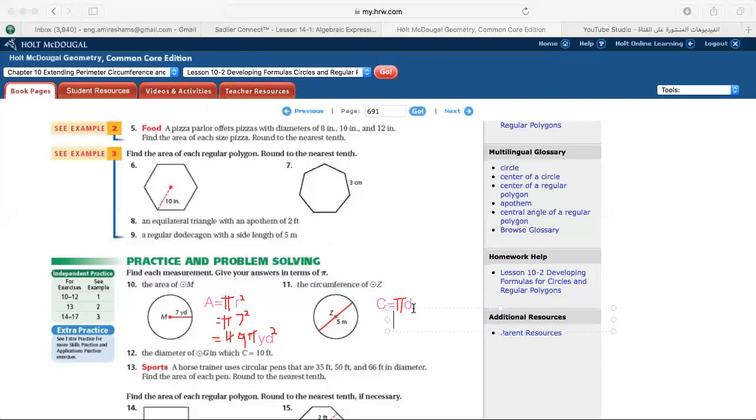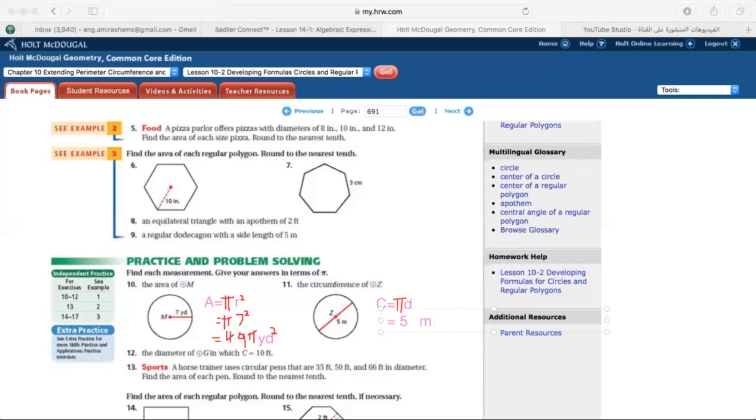They want it in terms of pi, so I will not substitute pi by 3.14. I will leave it as it is. d is 5, so the answer is 5 pi, and the unit here is meters.